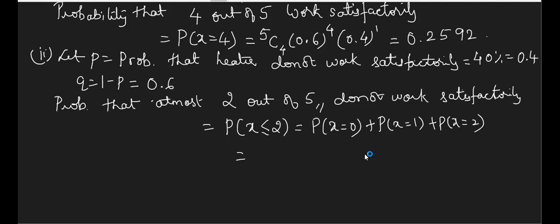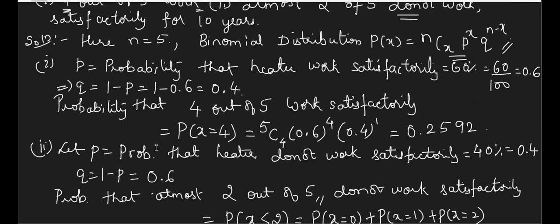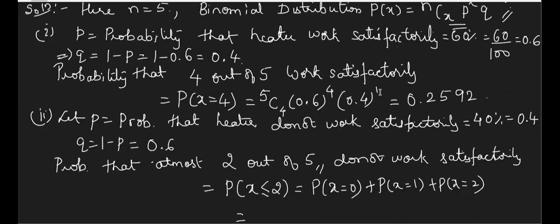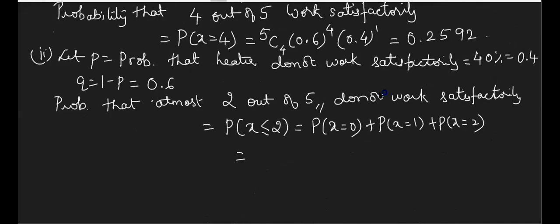Again, take your binomial distribution. P should be 0.4. If X is 0, what will we get? nC0, P raised to 0, Q raised to N minus X, that is 5 minus 0, 5.